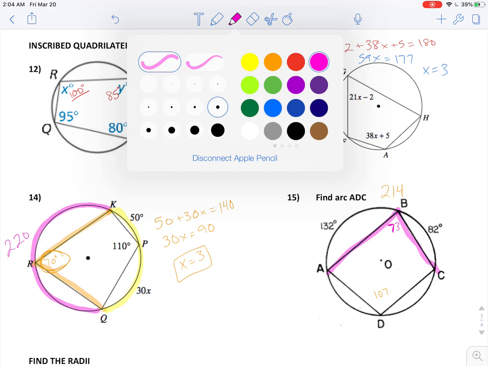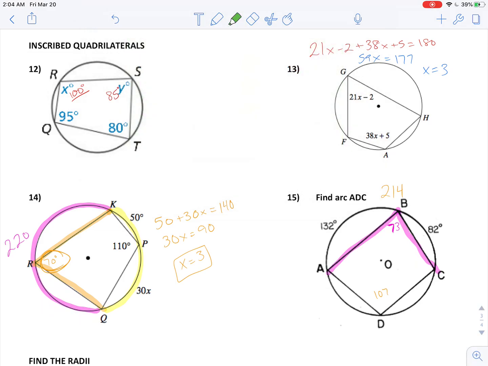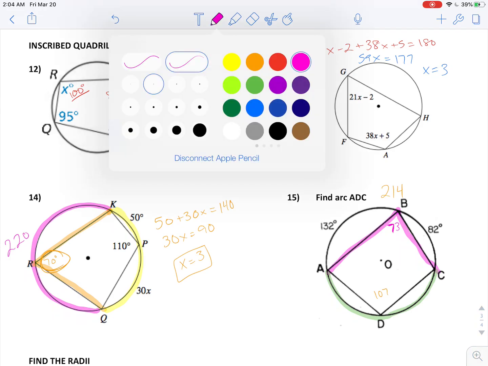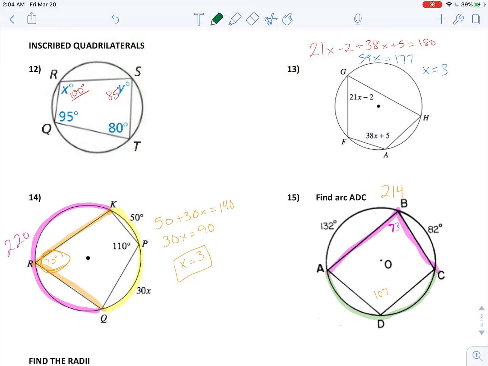Well, here's this 73-degree angle. And would you look at that? Exactly the arc I want to find, ADC. And I'm given 73 for the inscribed angle. So arc ADC must be double that. Must be 146 degrees.